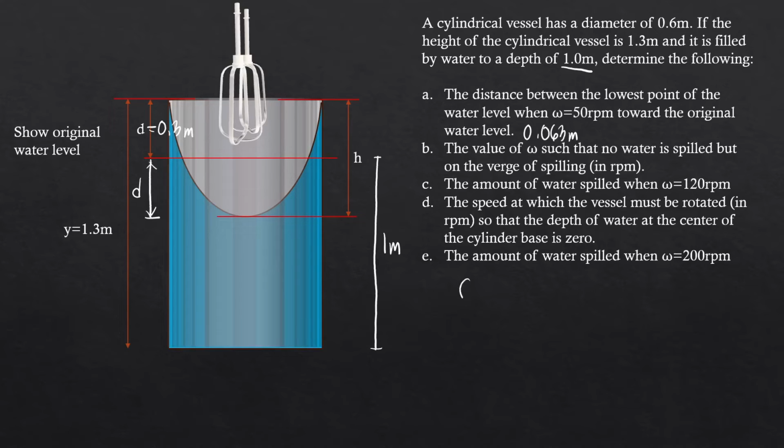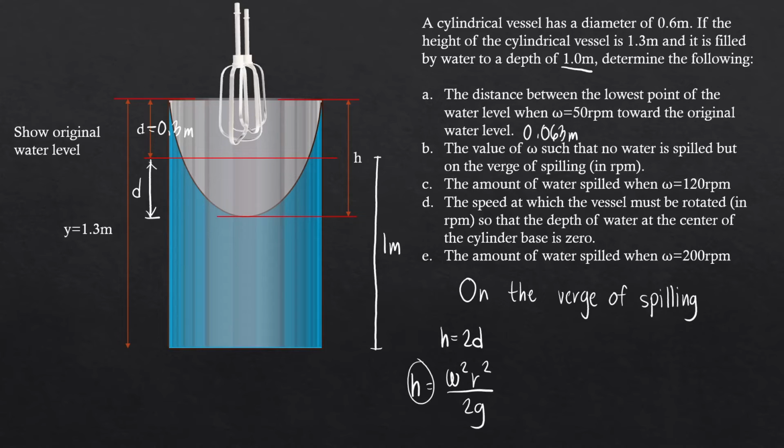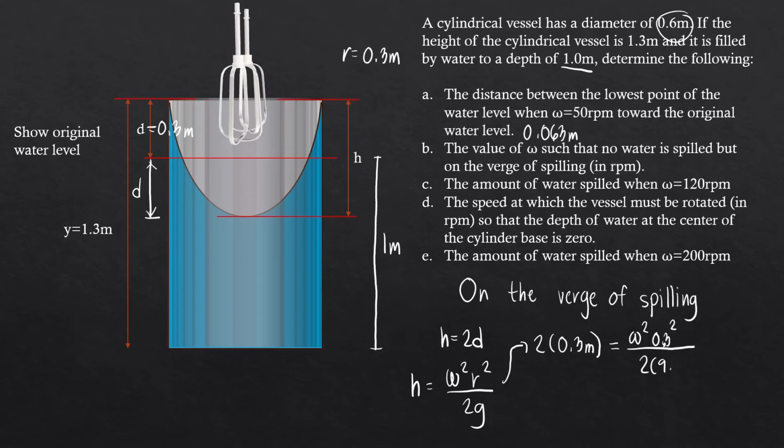And so on the verge of spilling, we have H equal to 2D. Again, this is explained earlier in the relationships of the volume of air. And so we have omega squared times r squared over 2g. For H, we're going to substitute 2D. So this is now 2 times 0.3 meters. This is equal to ω squared, which is unknown, times r squared, in which our r is, again, 0.3 meters, half of this, divided by 2 times 9.81.